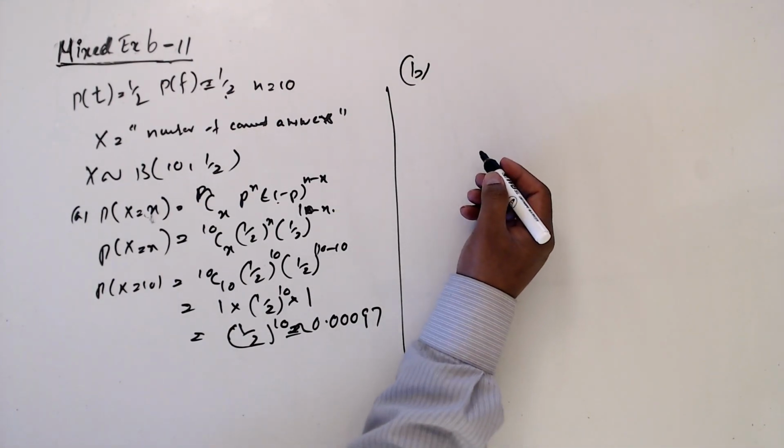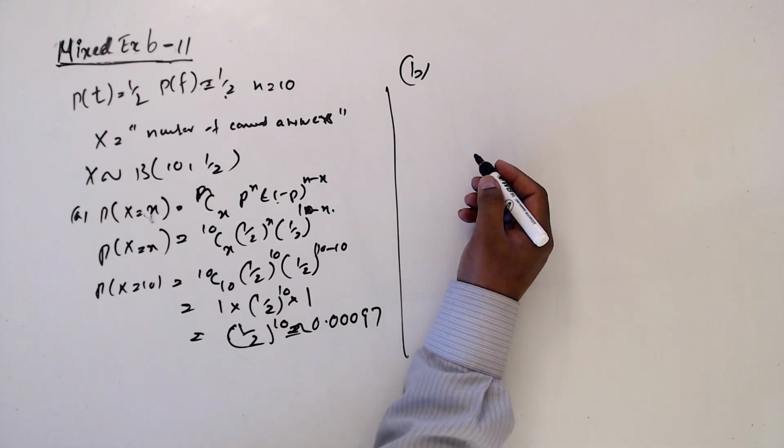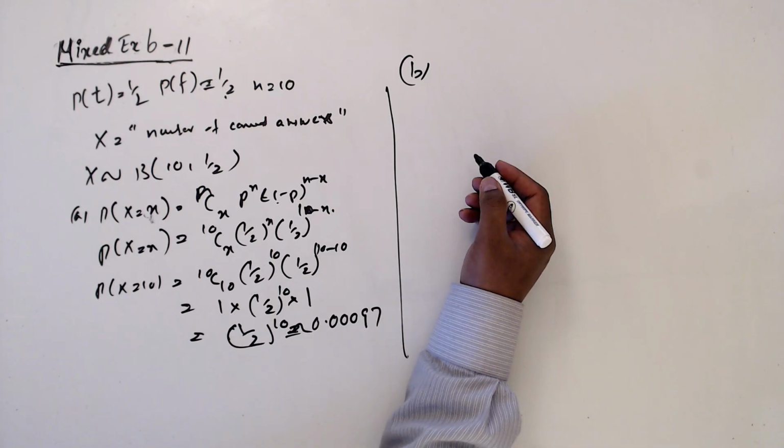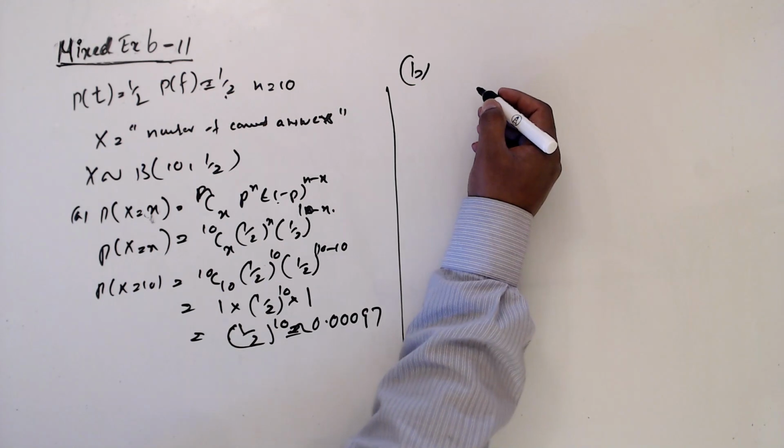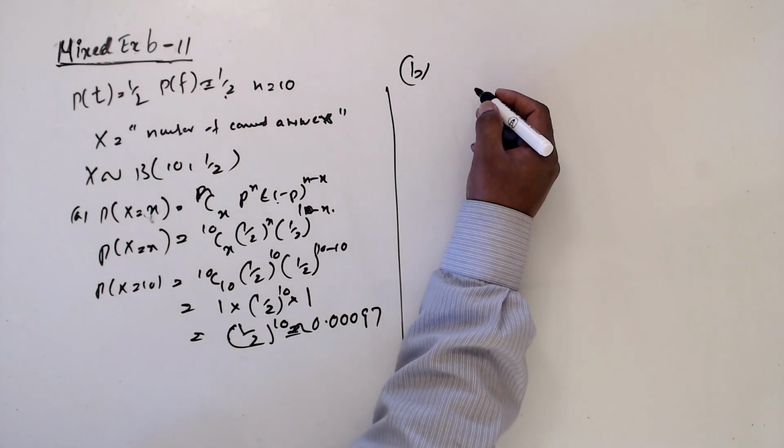Part B, find the probability that a student passes the test. To pass the test he has to get 8 or more correct answers.